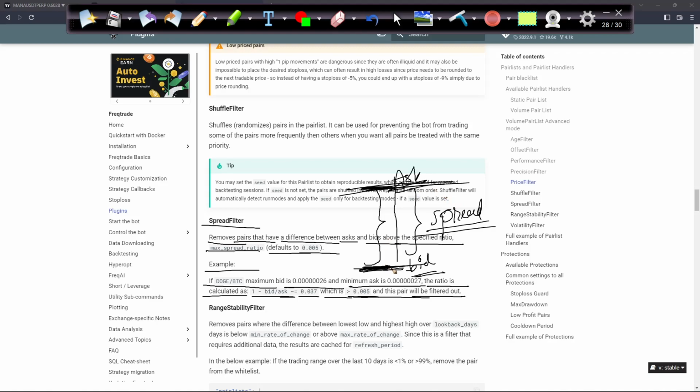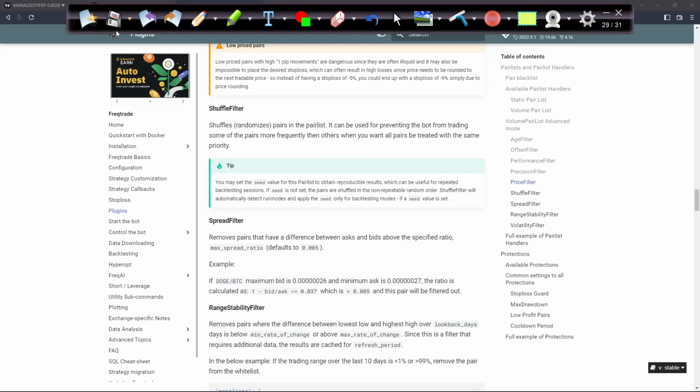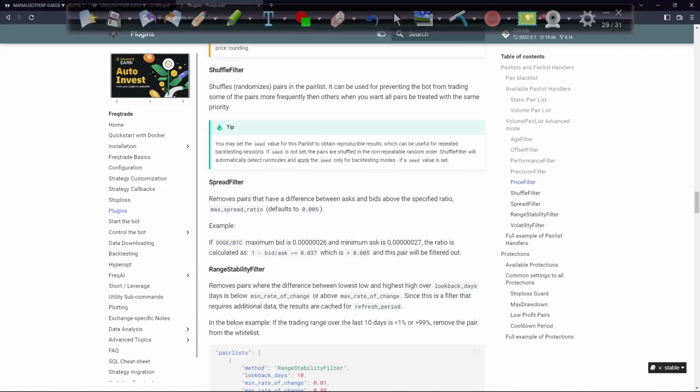We want liquidity in the market with less price spread, so that we can enter at the desired price. So it is very important that we have a spread filter to filter out those shitcoins where there is no liquidity present in the market.